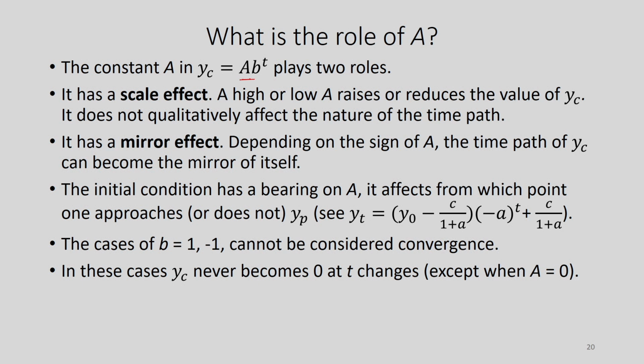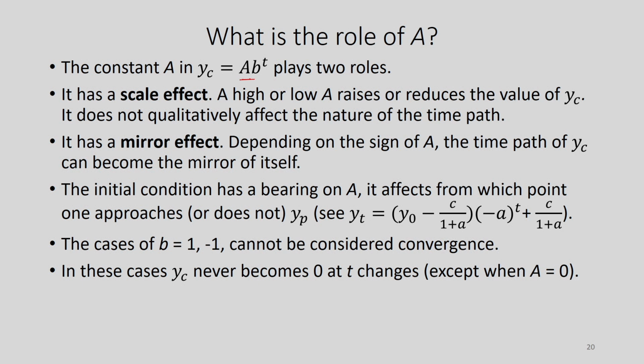It does not qualitatively affect the nature of the time path. What do we mean by that? It means that if it is dynamically unstable, even if a changes, the path remains dynamically unstable. If it is dynamically stable, then a does not affect that particular quality of it.